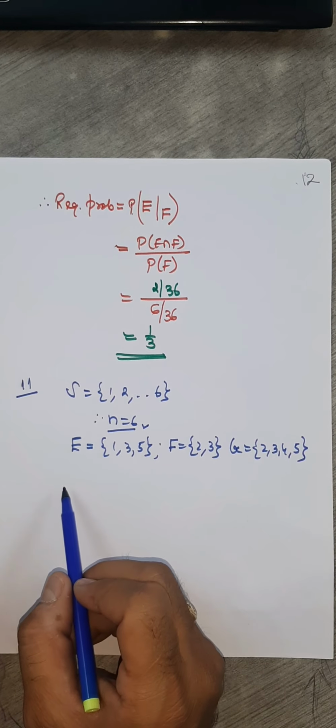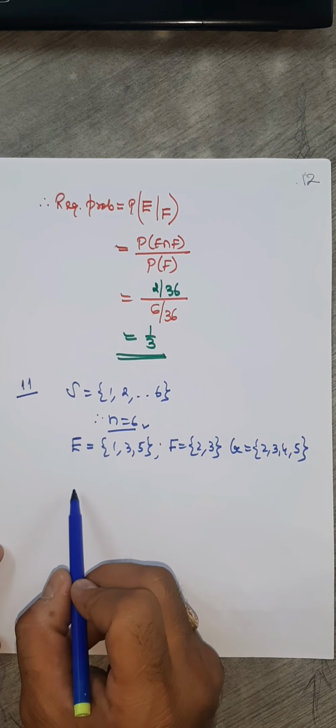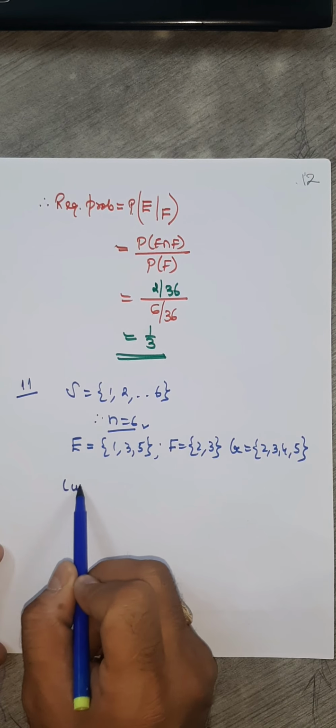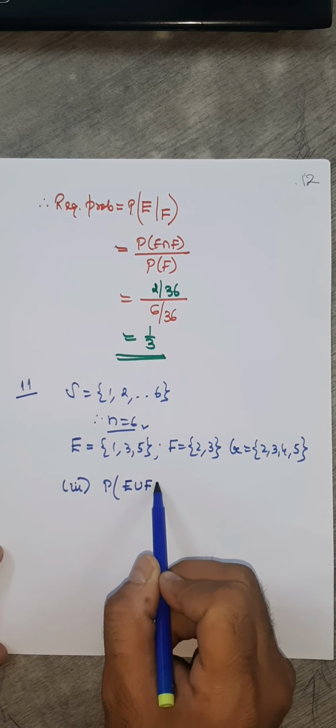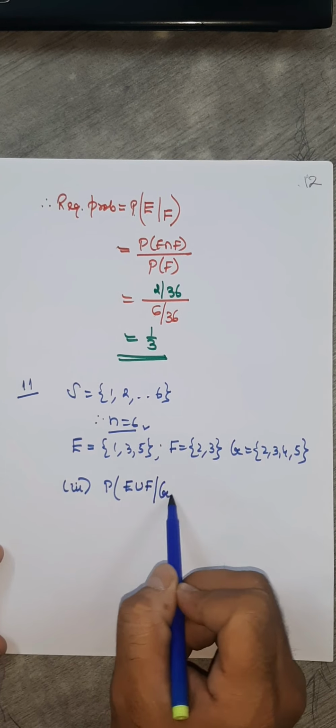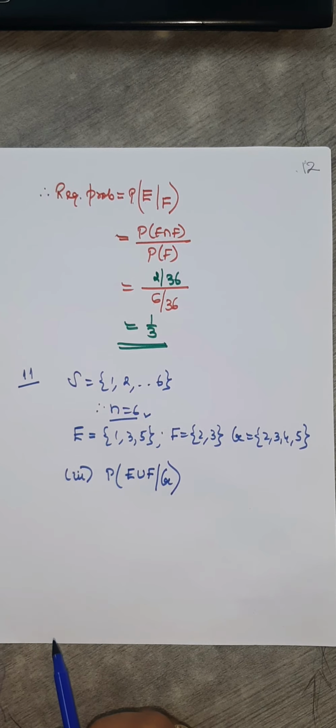Fine. Now I'll do all of them; it's a very simple question. I'll just do the third one. Probability of E union F given G. There are a number of ways of doing this.